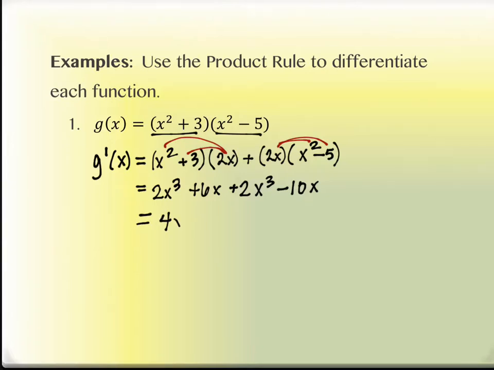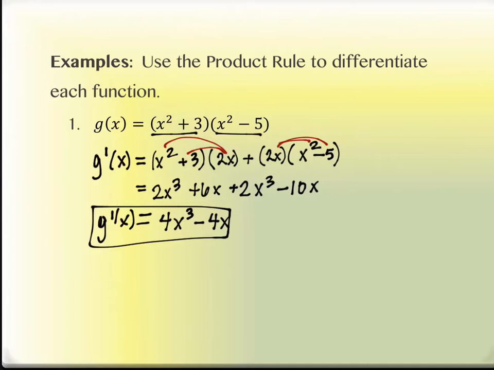My net result is 4x cubed minus 4x. Any questions? Does that make sense?